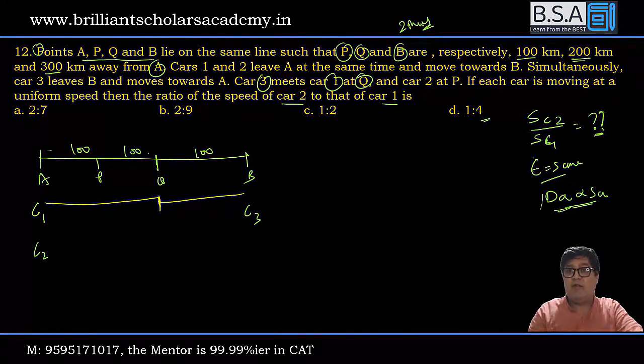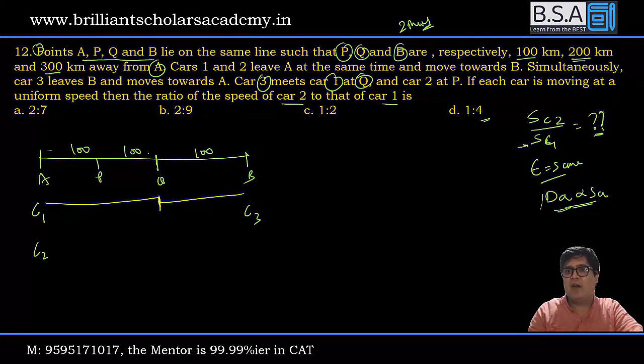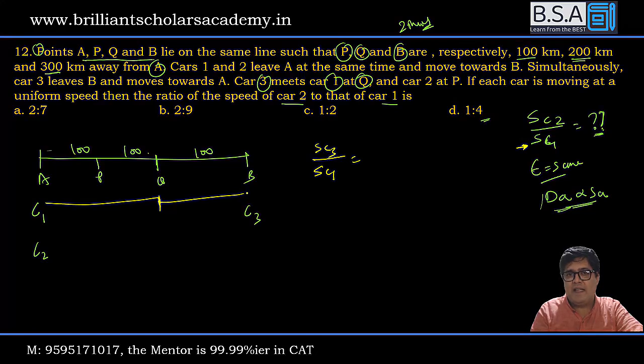I want car 1 in the denominator of my answer. So please observe speed of car 1 and speed of car 3. How much has car 3 traveled? 100 kilometers. How much has car 1 traveled? 200 kilometers. The ratio should be 1 by 2.